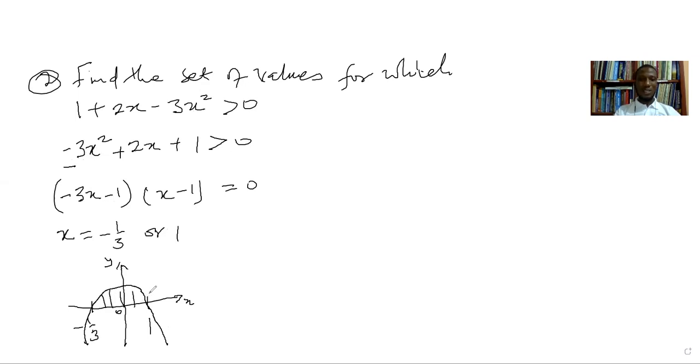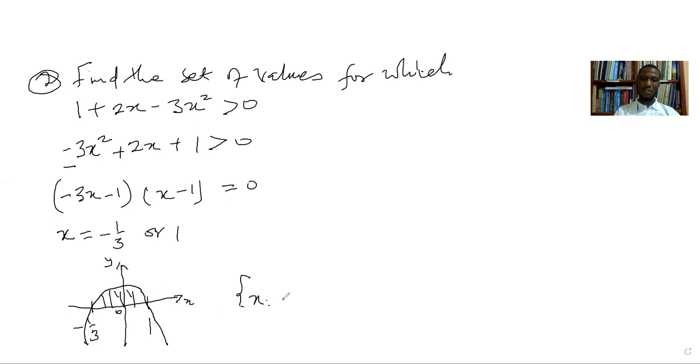So the set of values for which 1 plus 2x minus 3x squared is greater than 0 are x is such that they are between negative 1 over 3 and 1, because that's the region we have shaded.